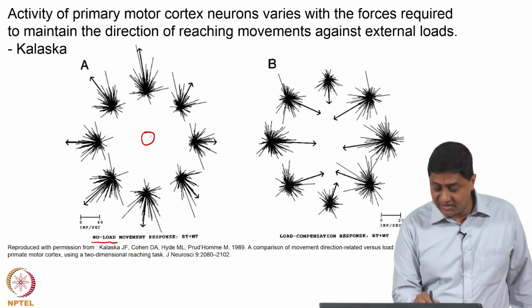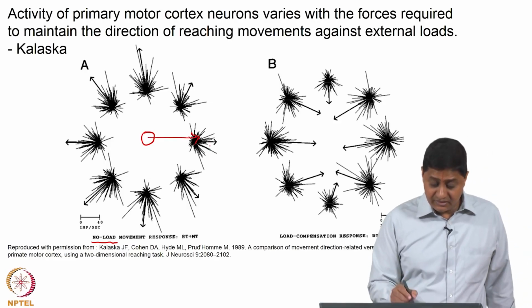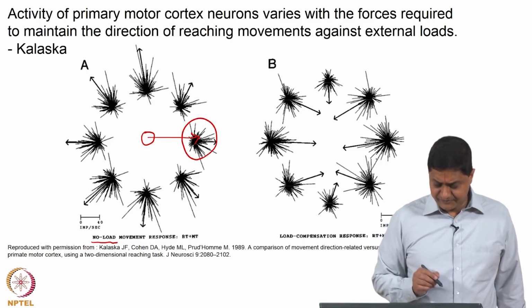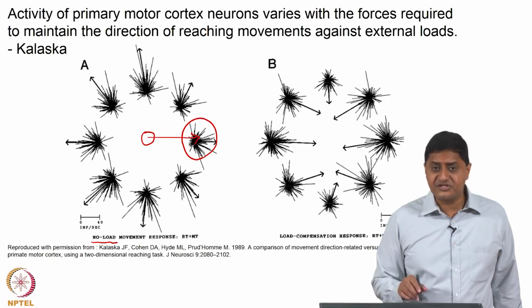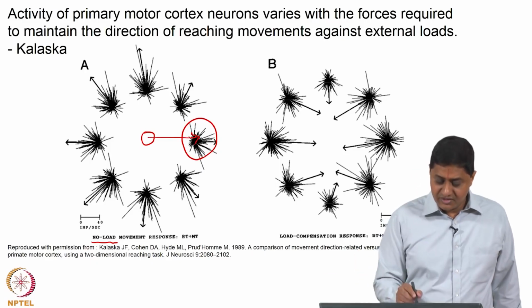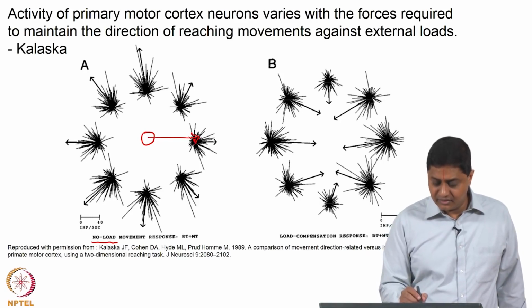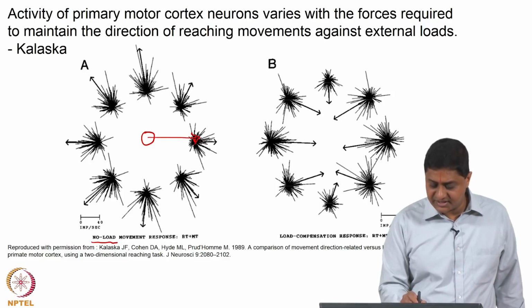From this point the monkey is required to move in that direction. The position of each of these groups of activity represents the position that was required to be moved. For example, that was the target, and the activity of these neurons predicts that direction.